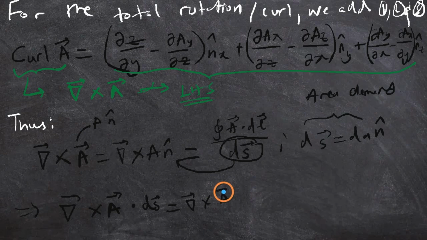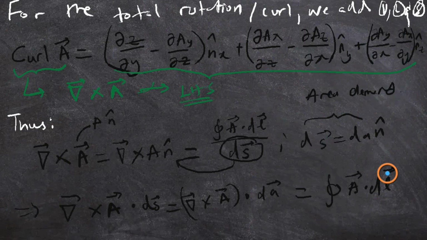So we can say that this is simply nabla cross A, and all that is happening in some element of area ds, so some dA. We say all that is dotted with this dA. So we now have a scalar on one side, and we can have another scalar on the other side as well.